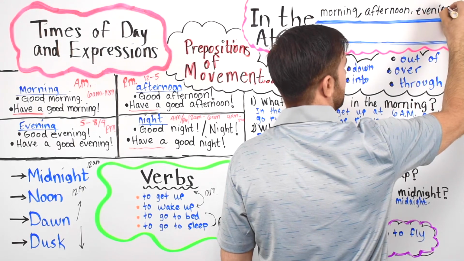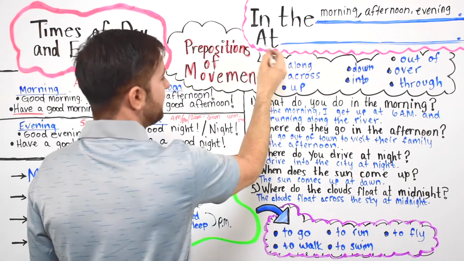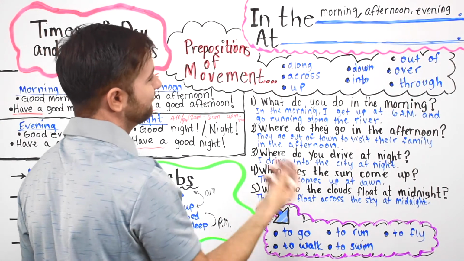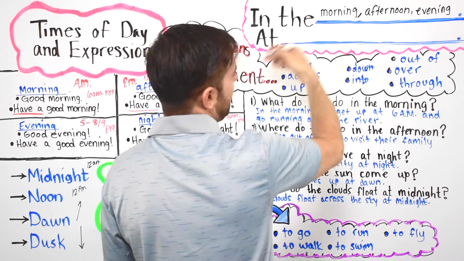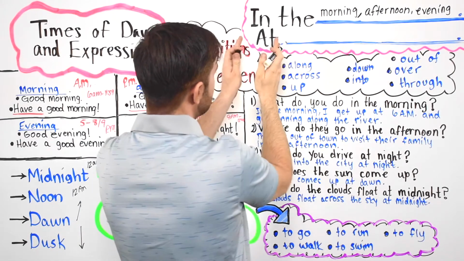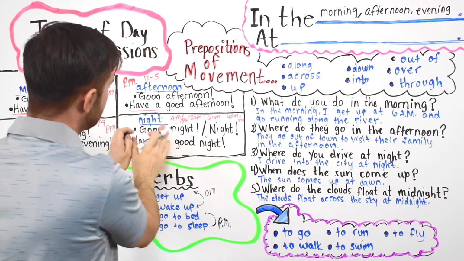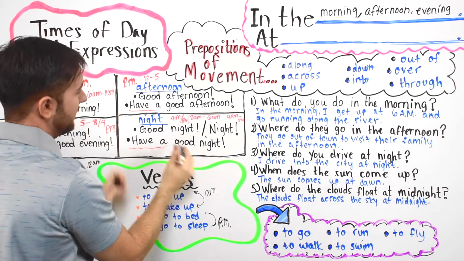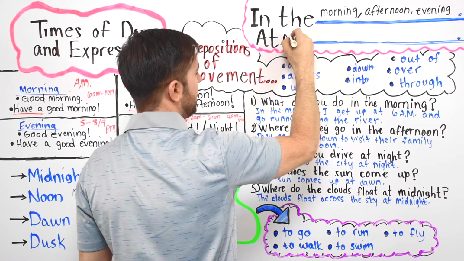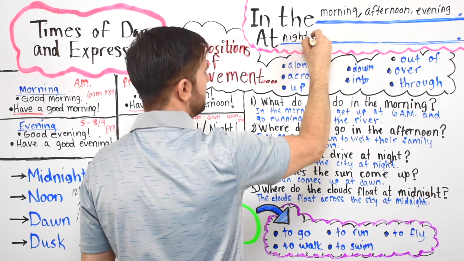Now when you have "at" here, you can't say at morning, at afternoon, at evening. You have to say at night, N-I-G-H-T.